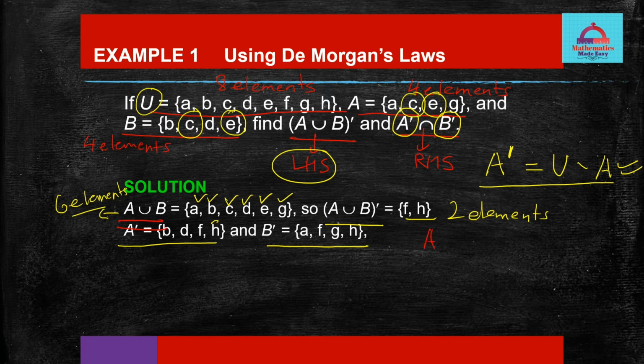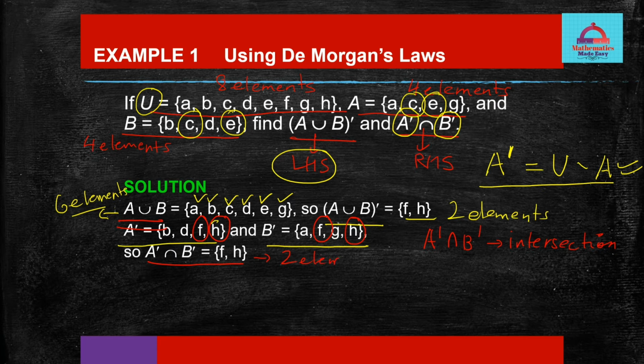So to get A complement intersection B complement, we have to by definition take the common elements. So let's see what are common elements here. F is definitely in both the sets, and H is also in both the sets. A, B, D and G are different. So my intersection would also have these 2 elements.